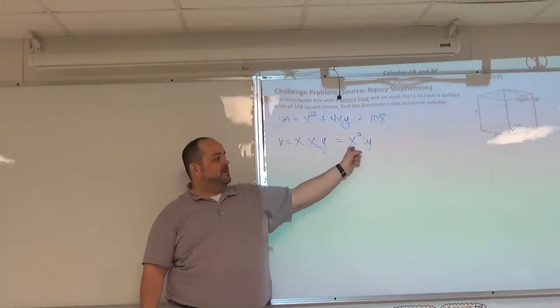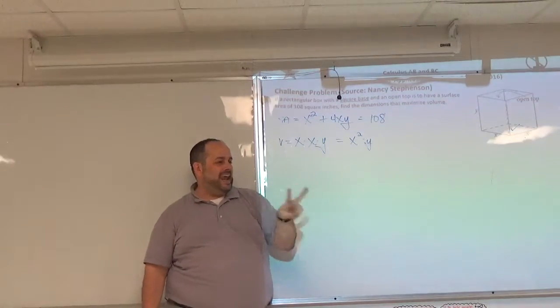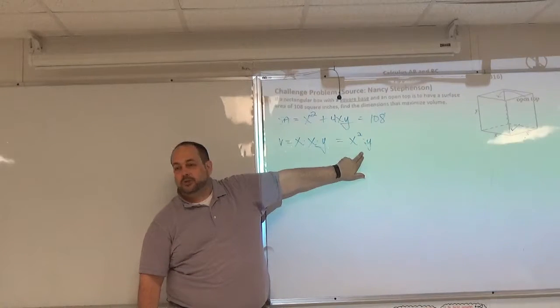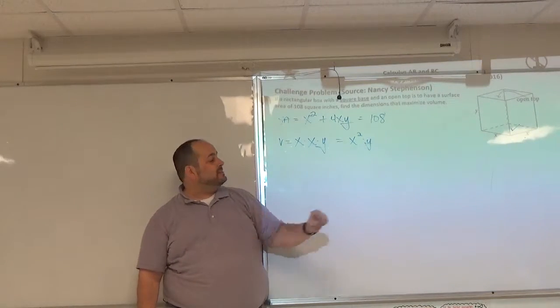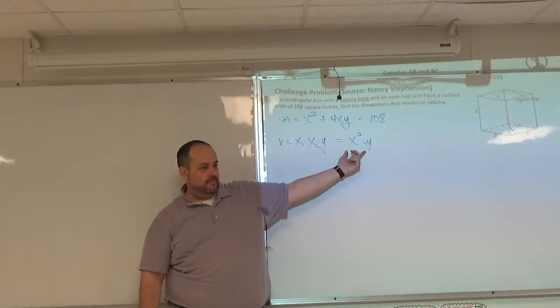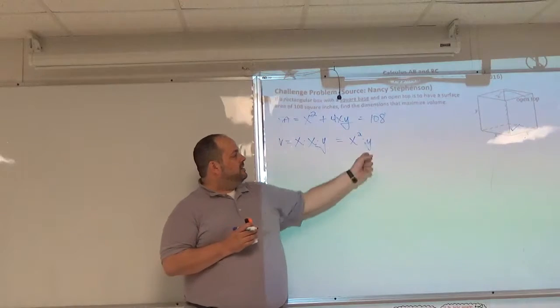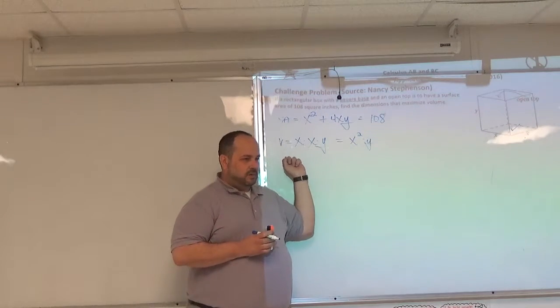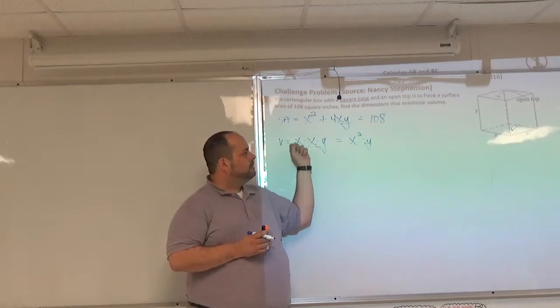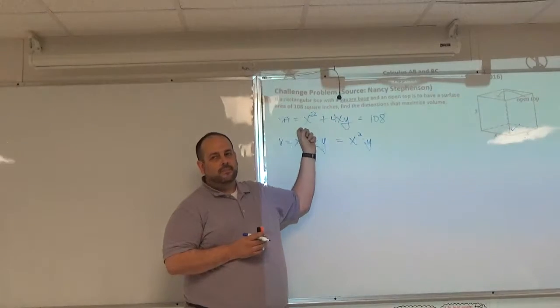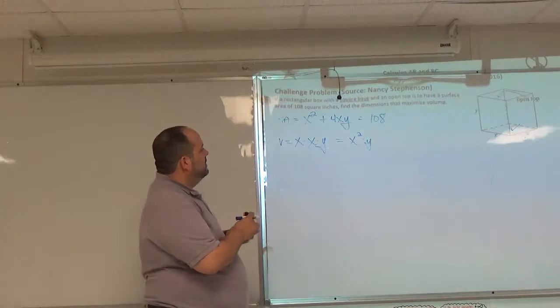Right now, volume equals x squared times y, and we cannot handle taking derivatives when there are 2 variables. What we need is a way to get rid of one of them. Carmen, what are your thoughts here?